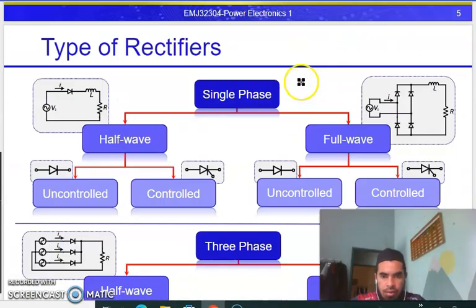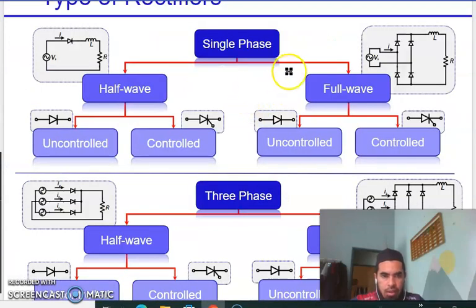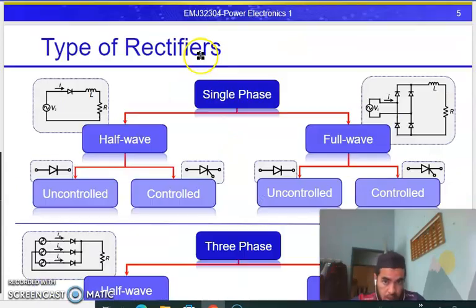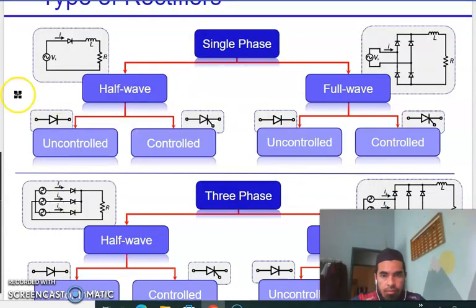Then we have here the table, or the tree of the families, the types of rectifier. We have single phase, with one input delivering the output into a single load.